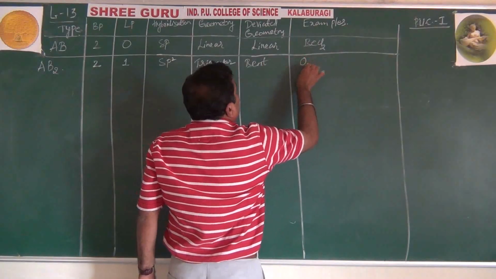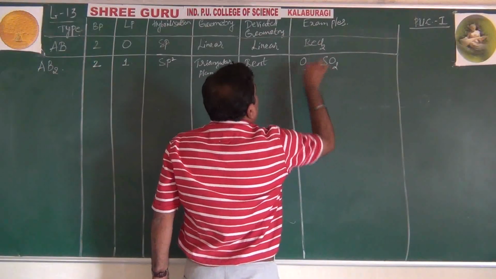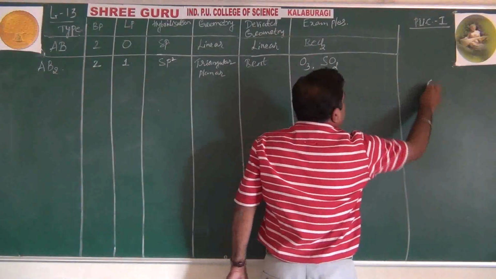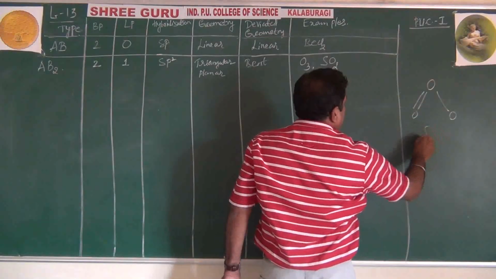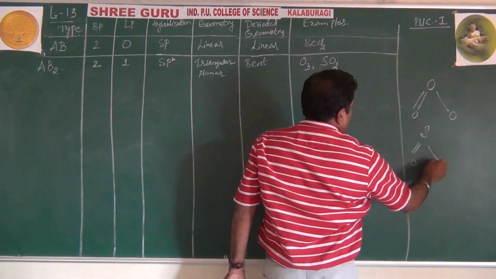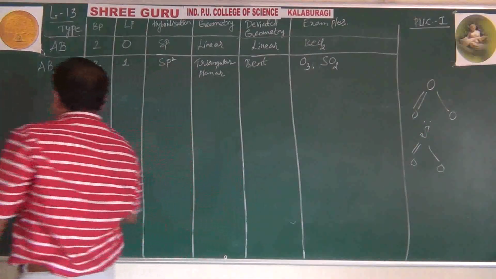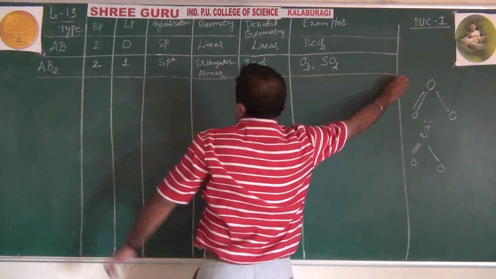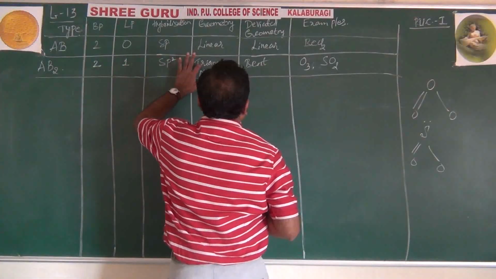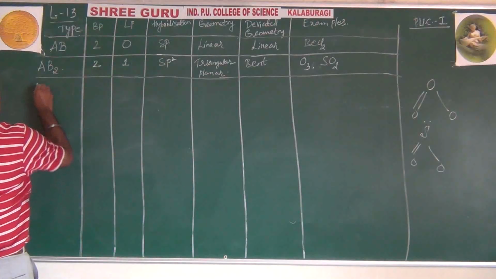Examples are O3 and SO2. Got it? Next, two bonding pairs and one lone pair: triangular planar to bent. This is the deviated geometry.